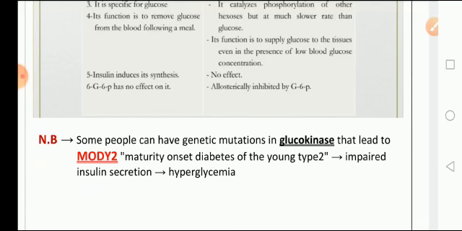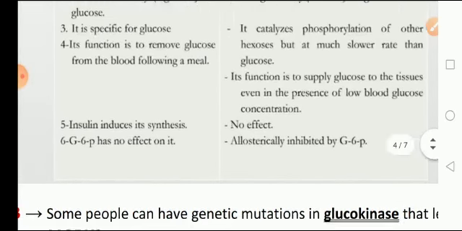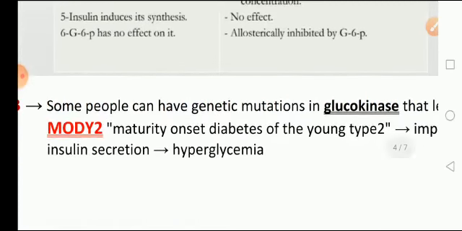As we mentioned, insulin induces the synthesis of glucokinase. When insulin secretion is not sufficient, glucokinase will not be synthesized and so will not remove the glucose from the blood following a meal, leading to hyperglycemia.